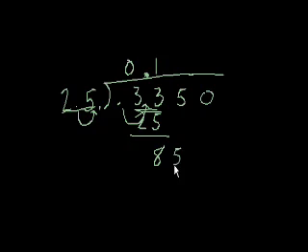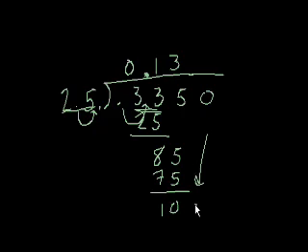Bring down the 5. 25 goes into 85. Well, we know 25 times 3 is 75. So it'll go into it 3 times. 85 minus 75 is 10. Bring down this 0. And 25 goes into 100 4 times.